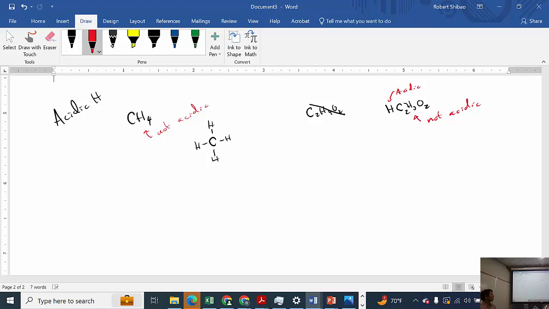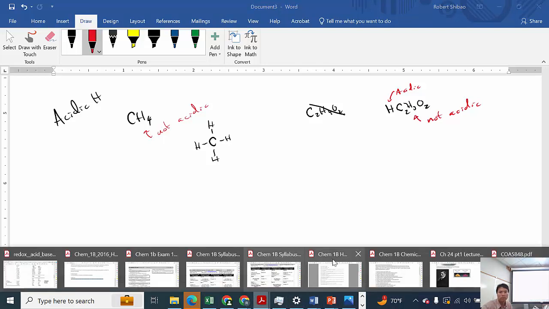The difference is that this hydrogen here is more H+ like. These hydrogens aren't. We could see that in an electrostatic potential map of acetic acid. Let's take a look at the potential map for acetic acid.